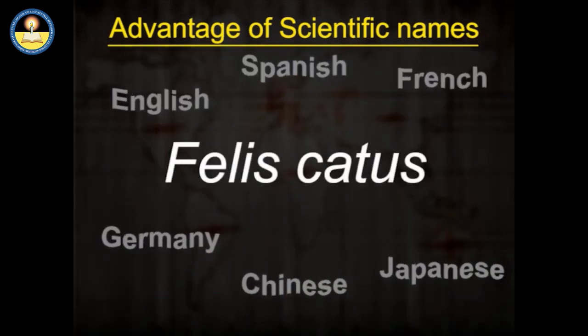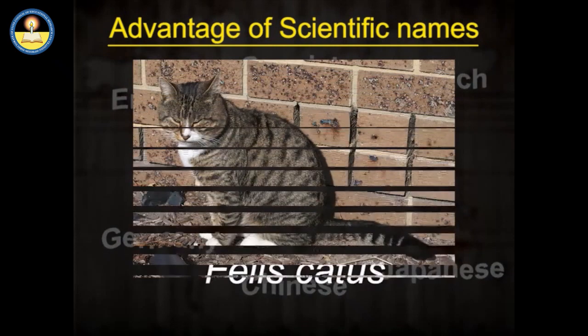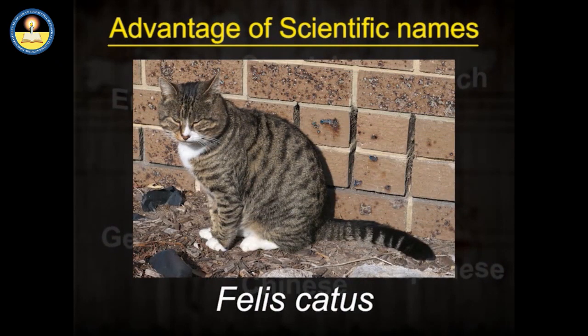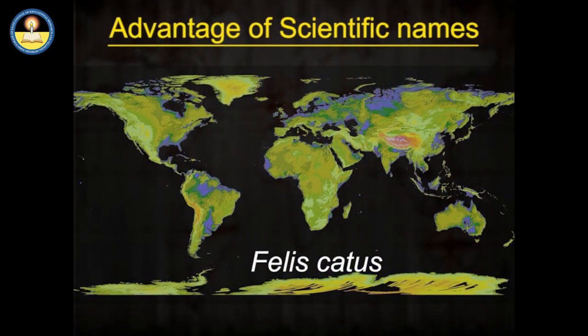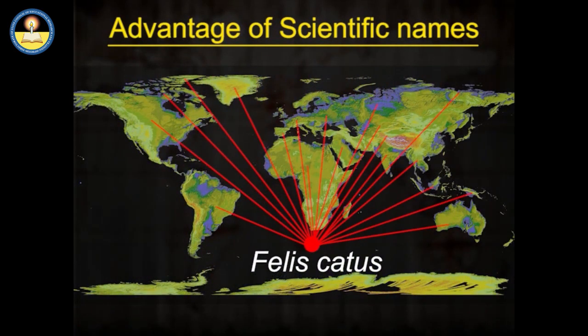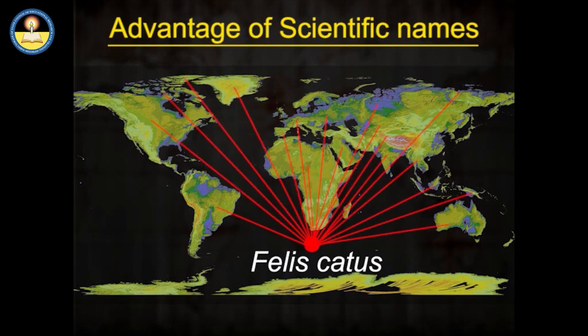The advantages of scientific over common names are that they are accepted by speakers of all languages. The language used in the names under binomial nomenclature is largely from Latin and Greek. The advantage of using this language is that the Latin words are more widely accepted to all scientists all over the world.